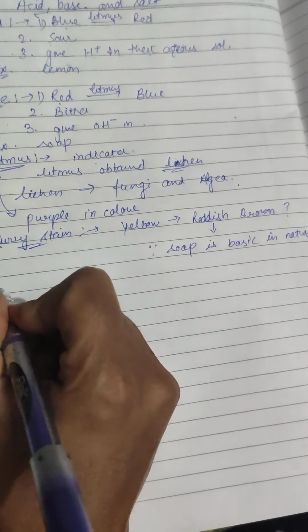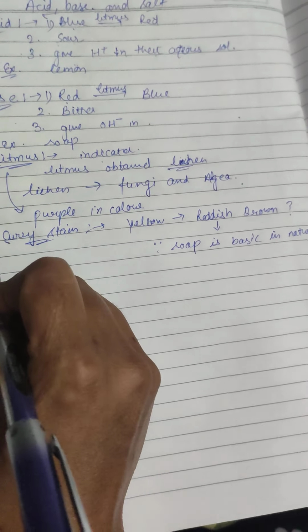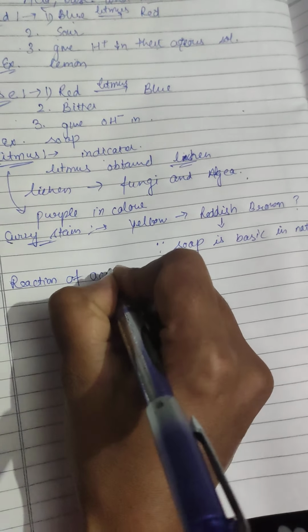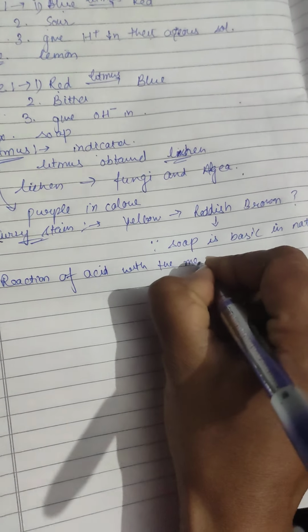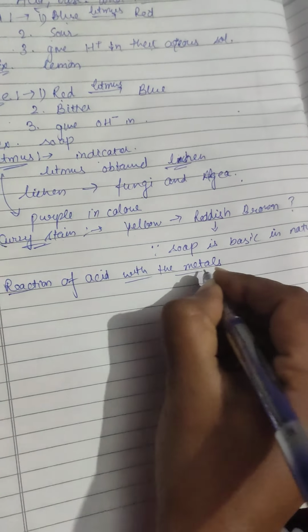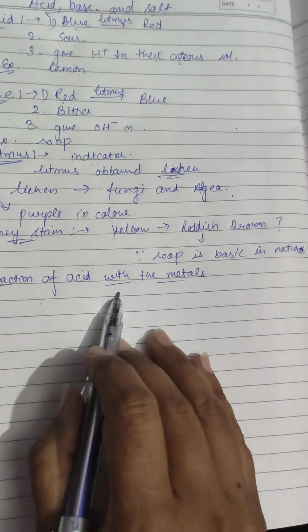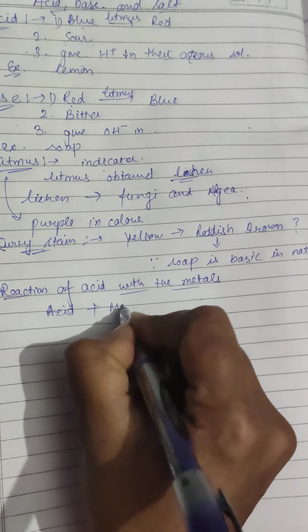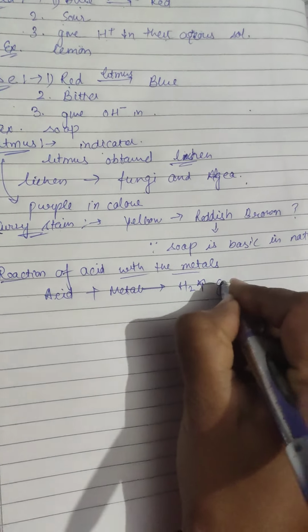Now, let us discuss the reactions of acid. First of all, the reaction of acid with metals. When acid reacts with metal, it produces hydrogen gas.